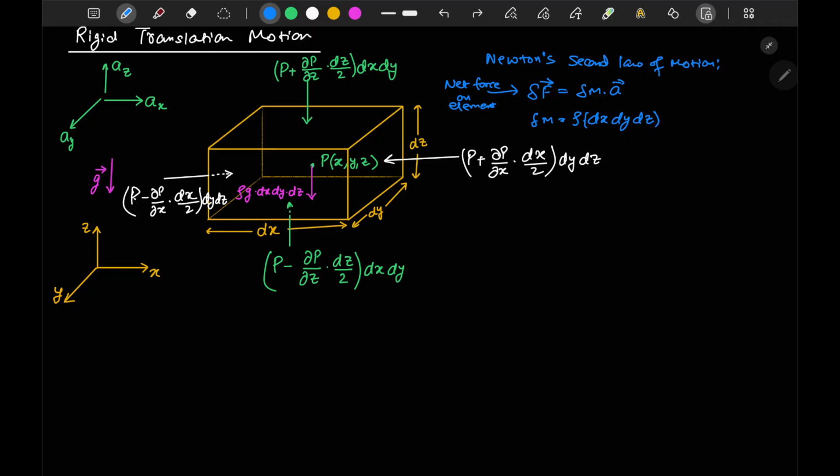Similarly, p minus del p by del y times dy by 2 times dx dz will be the force in the other direction. But I won't be mentioning that here.